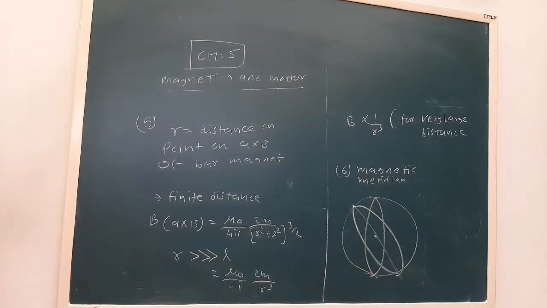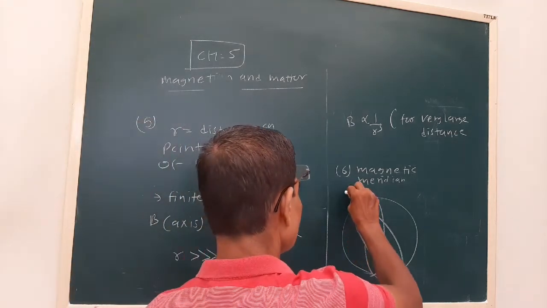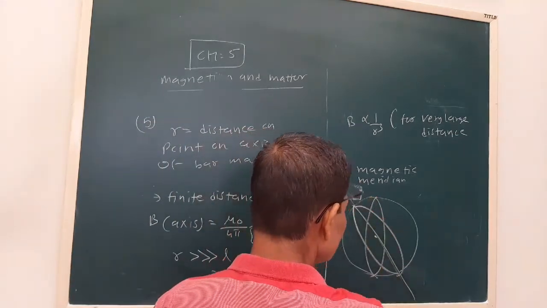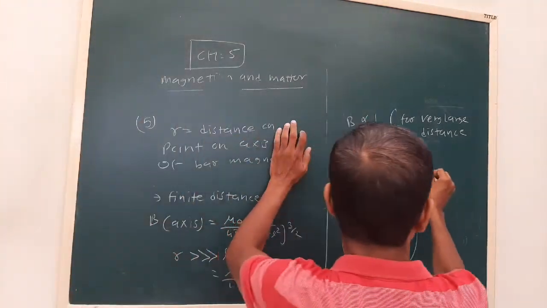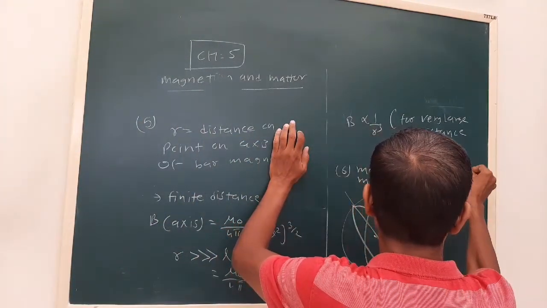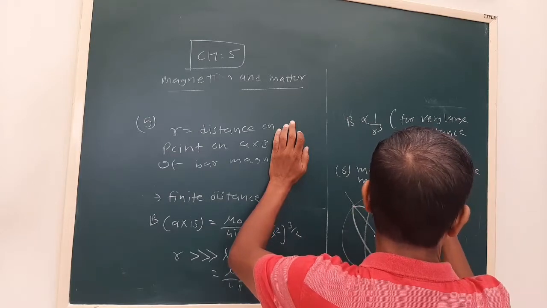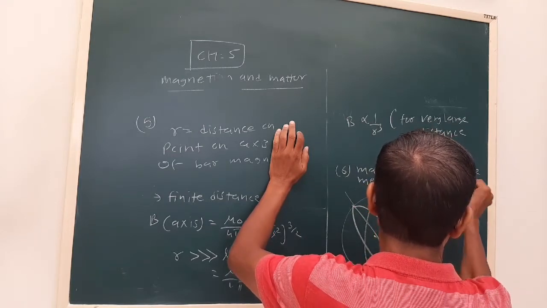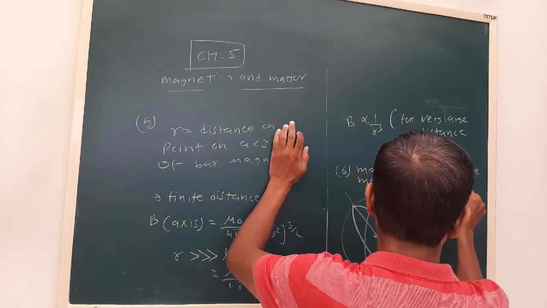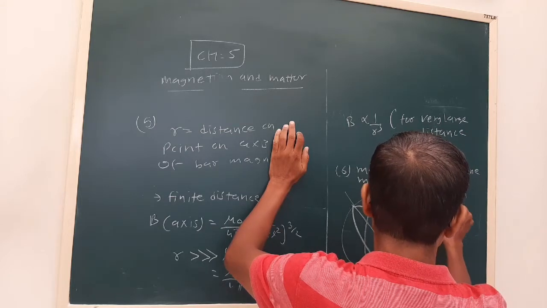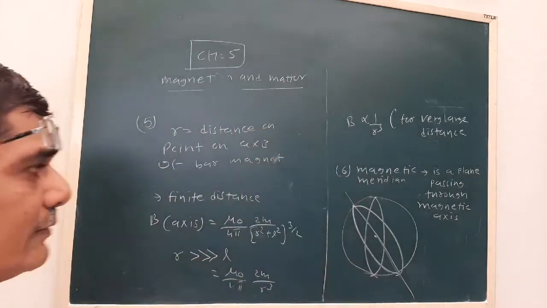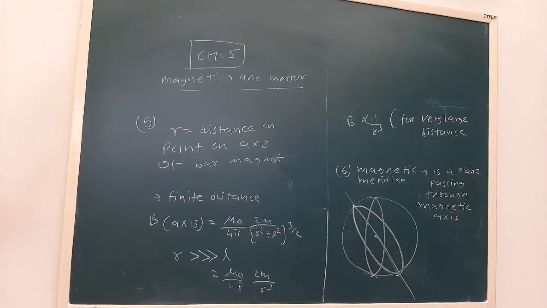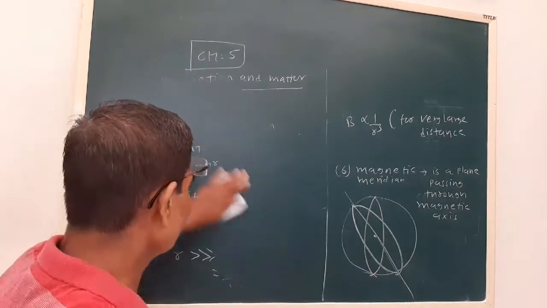Now this line we call as magnetic axis. So the magnetic meridian is a plane passing through the magnetic axis. So that we do keep in mind. That is according to the definition.